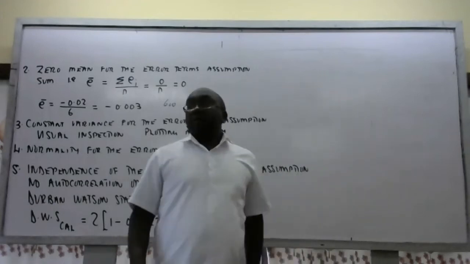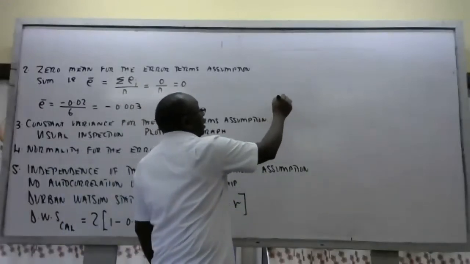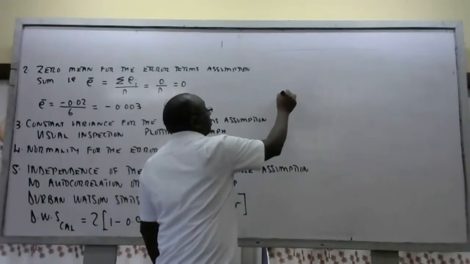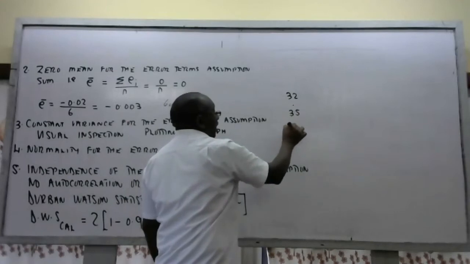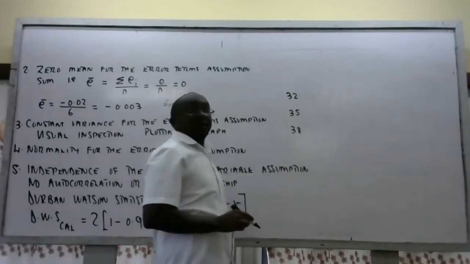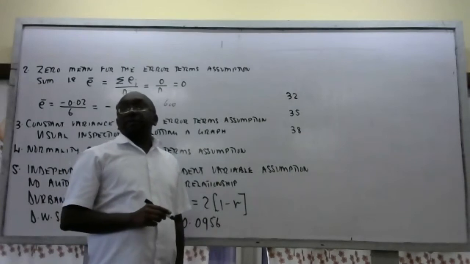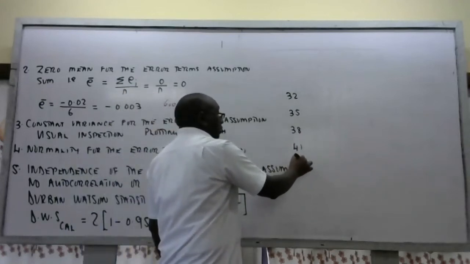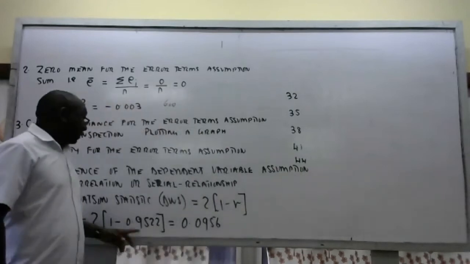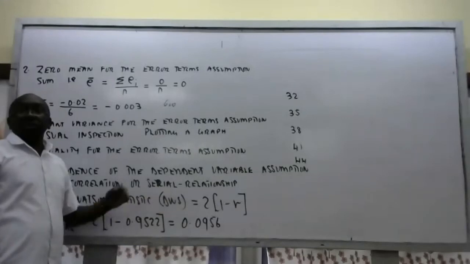What we mean by autocorrelation is something like this. If, for example, you are told the values of repair costs, the first one was 32, then 35, then 38. Are you able to tell the fourth one? The next one will be 41. The next one will be 44. They become automatic. It is what we call a serial relationship.